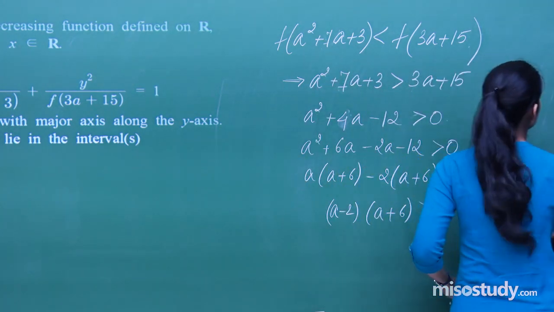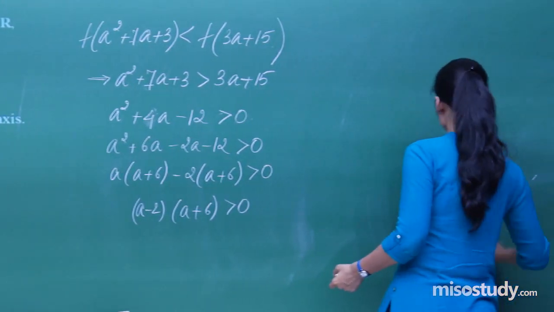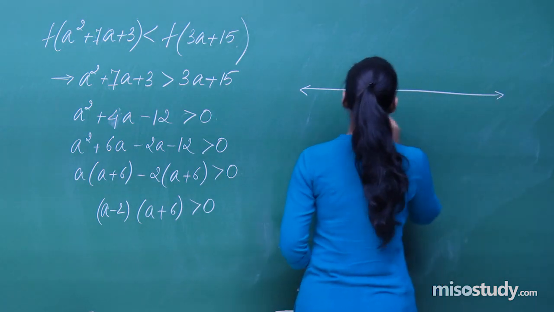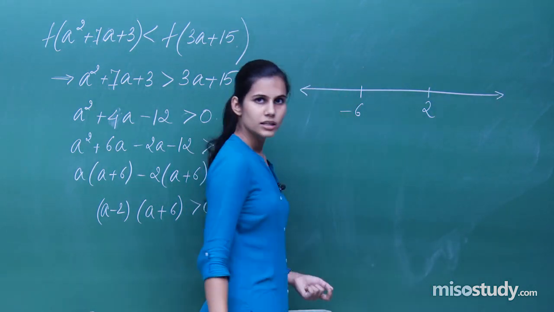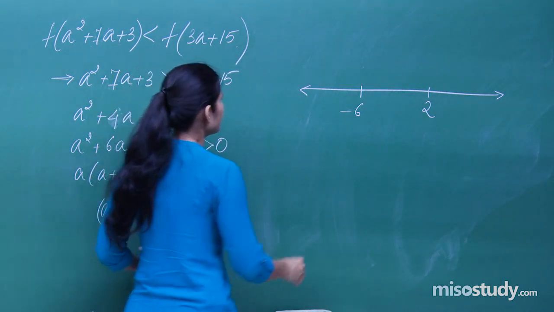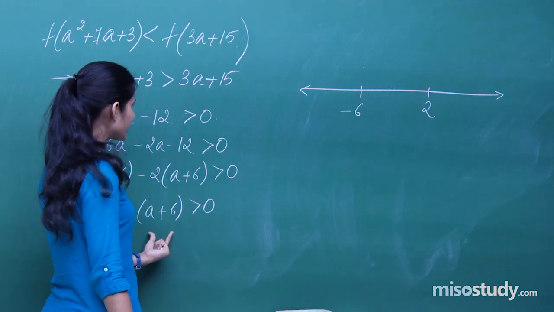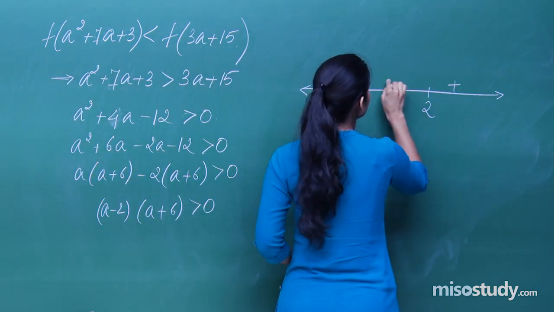When on the real line you try to plot this, what do you obtain? Over here is minus 6 and somewhere here is 2. You can very easily see that if from here you pick up numbers, this will be positive because negative into negative is positive. Again from here negative into negative is positive, and here it will be negative.